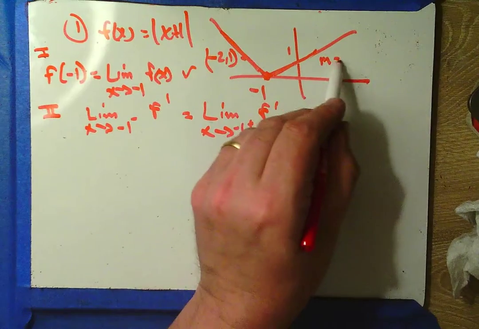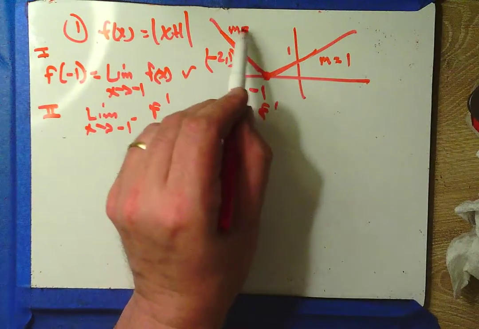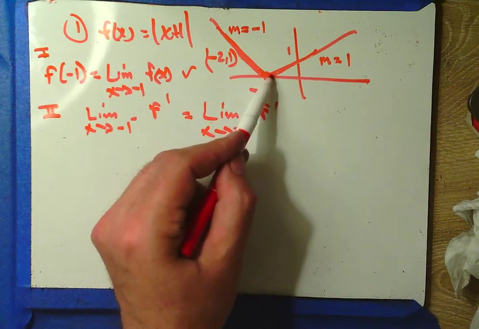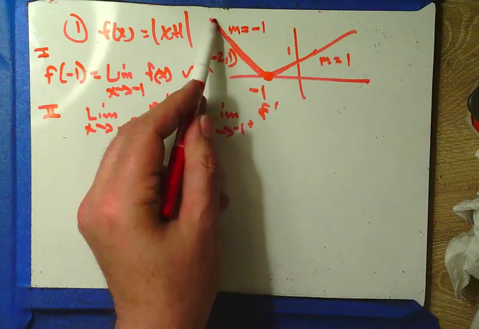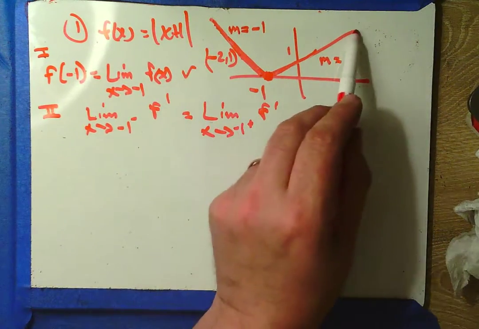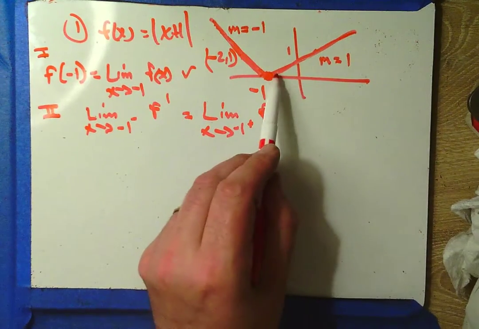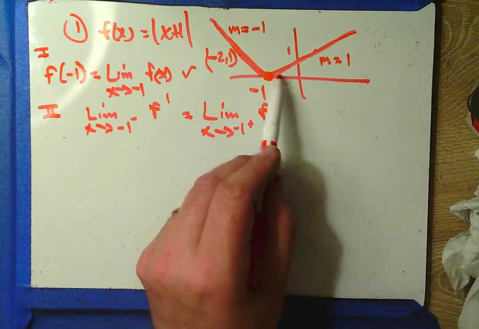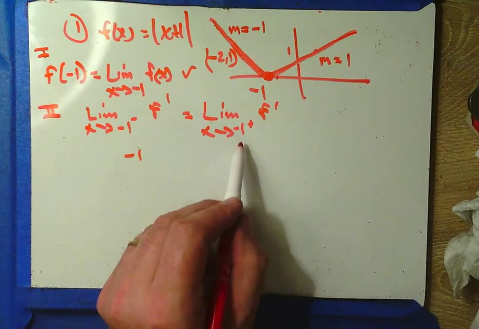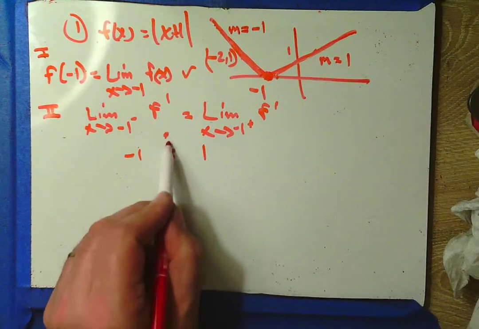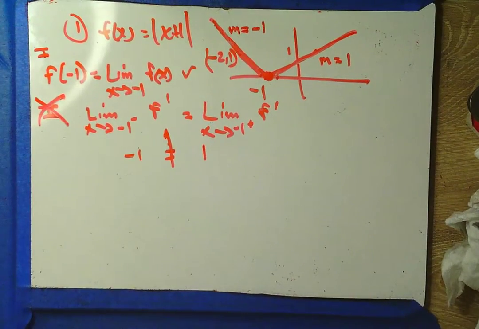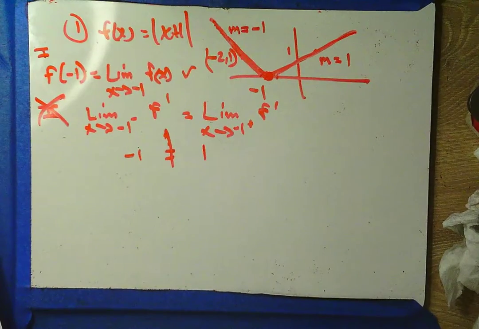Well, the slope over here is -1, and the slope over here is 1. As we get closer and closer to this x value, are the slopes changing? No, they're always -1. So right here, the slope is -1. And over here, the slopes are always +1. So right here, the slope will be +1. The limit of the slopes from the left is -1. The limit of the slopes from the right is +1. Are those equal? No, they're not. So we know that 2 doesn't work. F is not differentiable at -1.